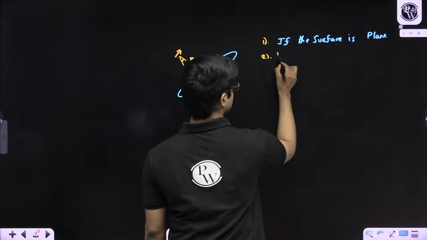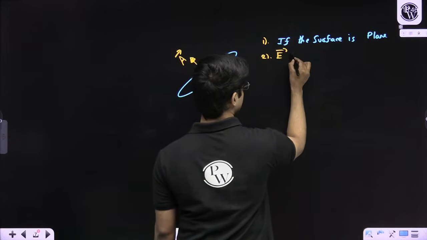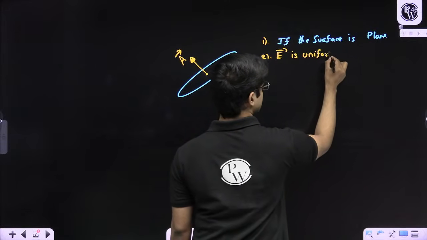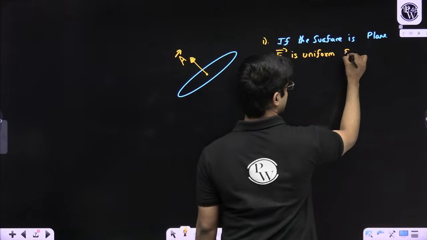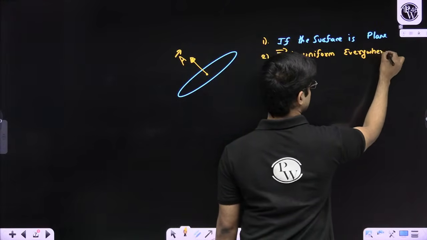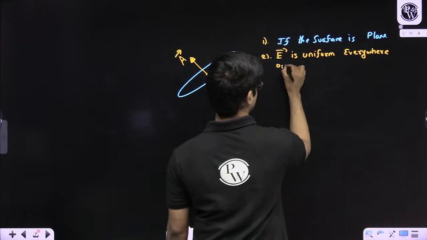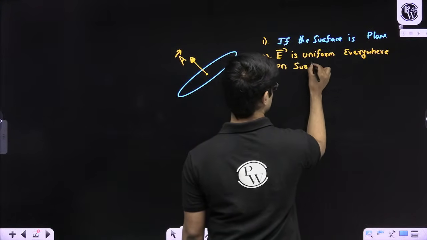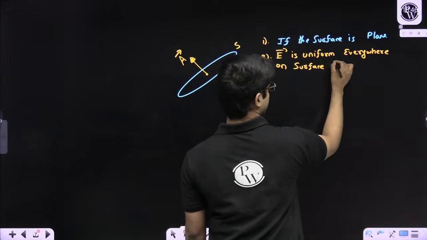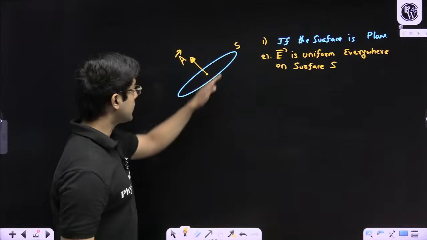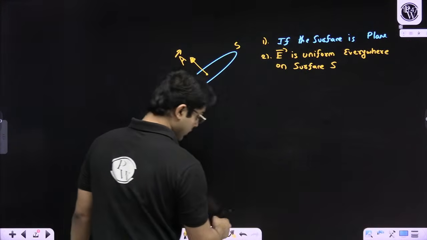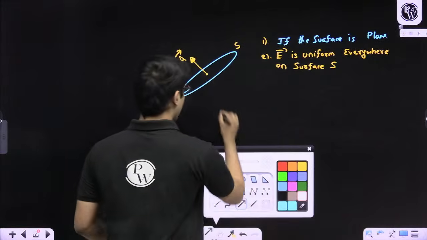The second thing is the electric field has to be uniform everywhere on the surface. Let's call the surface S. So the electric field has to be constant everywhere on the surface S. Then you can apply that formula.